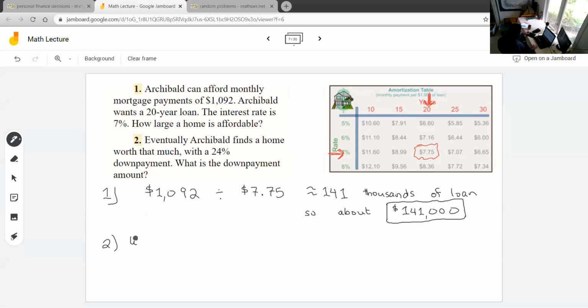We had that translate game. If you've done this a lot, then you know you're just going to multiply 0.24 times that dollar amount. But if you haven't done it enough to know it's just going to turn out to be multiplying, that's fine. Do the translate.